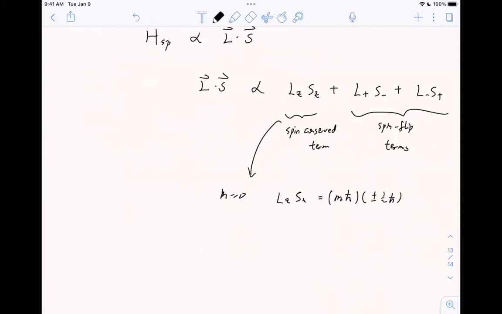So for m equal to 0, this will be 0. That's why the conduction band has no spin-orbit splitting in this approximation. It will have a small splitting, because our model is so simple; you need to include all the other orbits to get it.